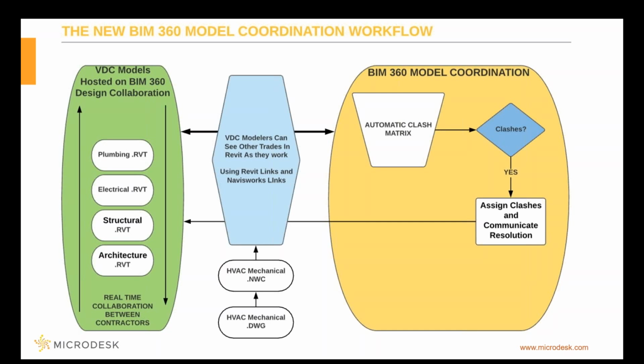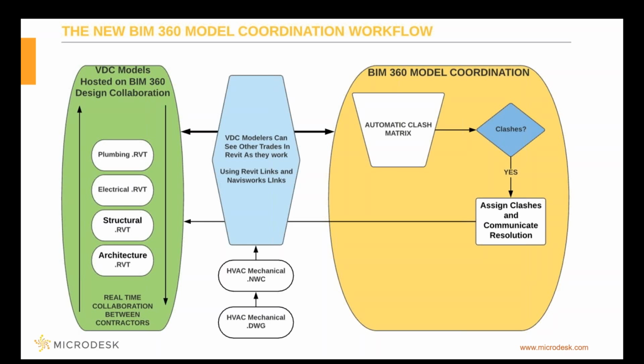This would be using the C4R, or Collaboration for Revit technology, to have live linked Revit models, so that when other trades do work or make changes, you can see that in your model immediately. It doesn't require an upload and then download and then updating the links. So VDC modelers can see other trades in Revit as they work.